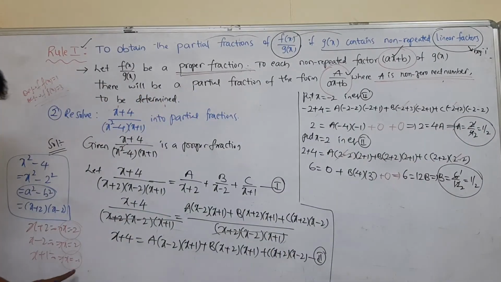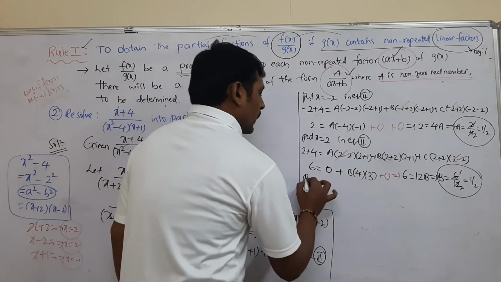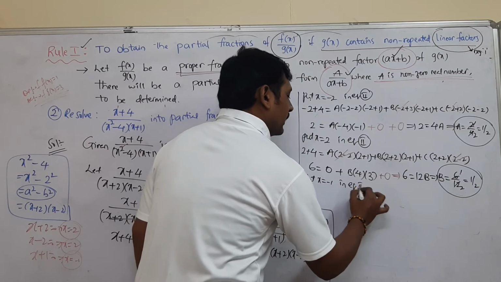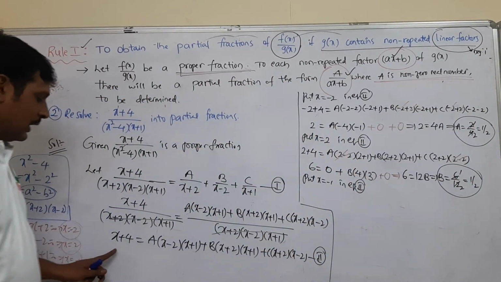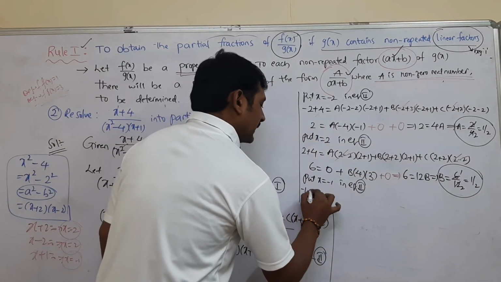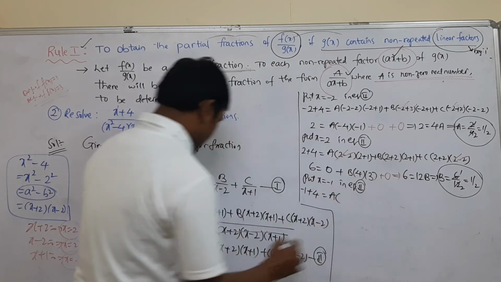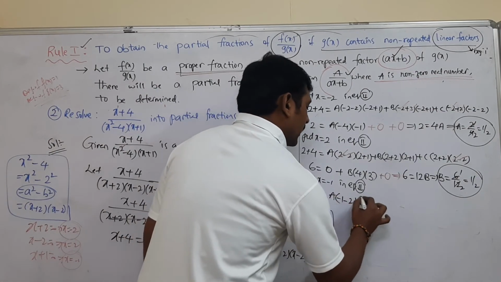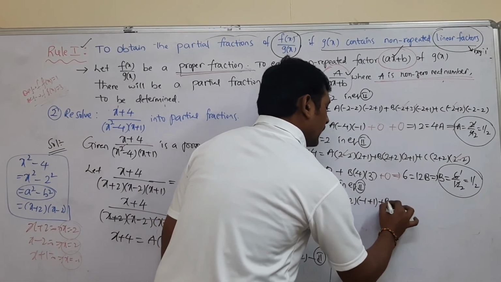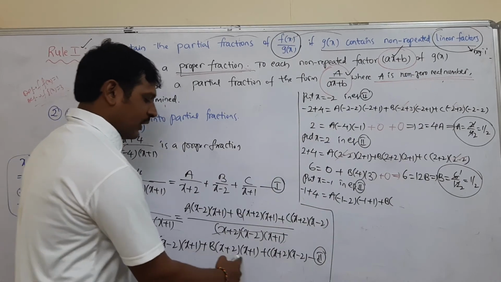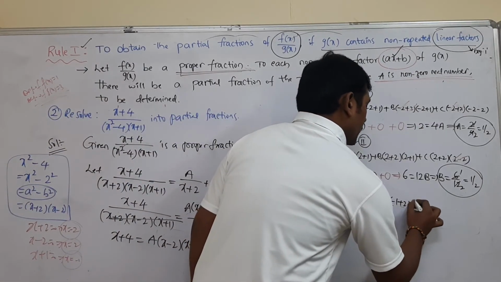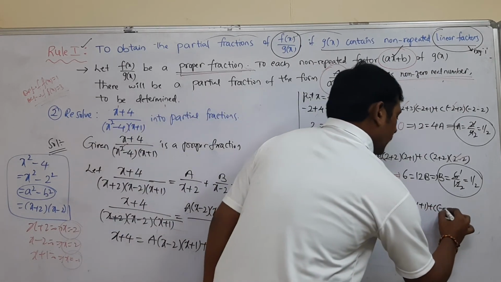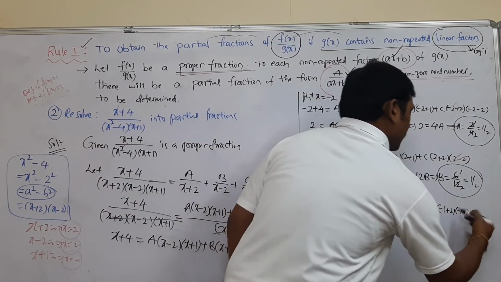And what is the last possibility? Minus 1. So put x equals minus 1 in equation number 2. What is that? Minus 1 plus 4, equals a into minus 1 minus 2, minus 1 plus 1, and b into minus 1 plus 2, minus 1 plus 1, and c into minus 1 plus 2, minus 1 minus 2.